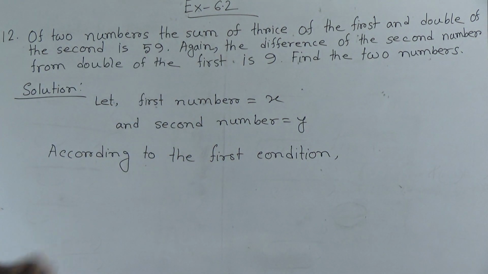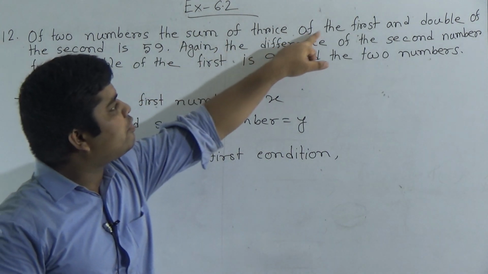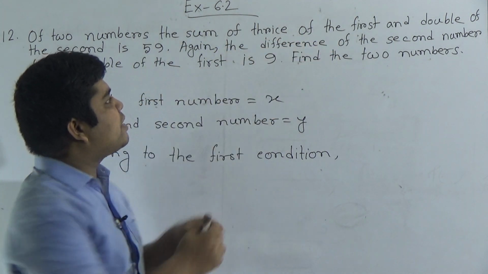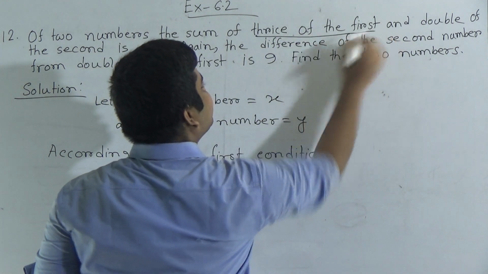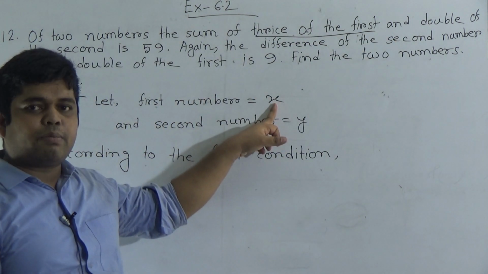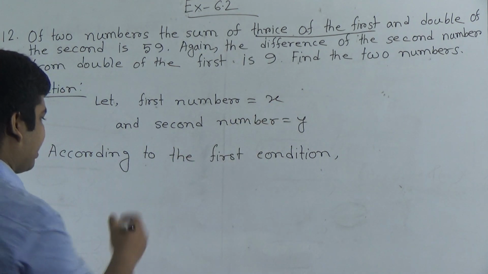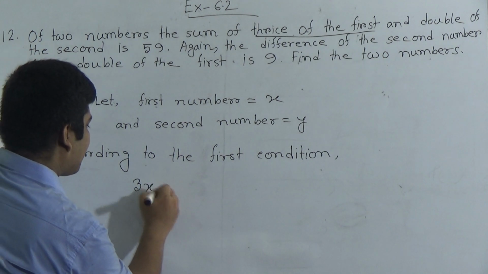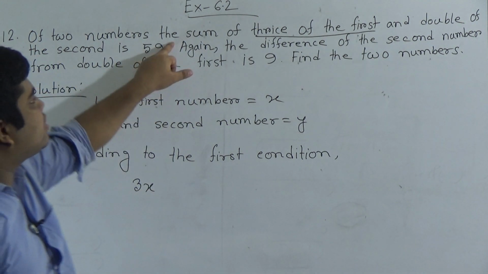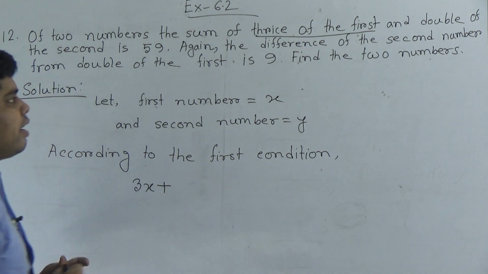According to the first condition, the sum of thrice of the first. What do you mean by thrice of the first? That means we multiply 3 with the first number. That means 3 multiply x and it will be 3x. Then which sign? Notice the sum. That means plus sign.